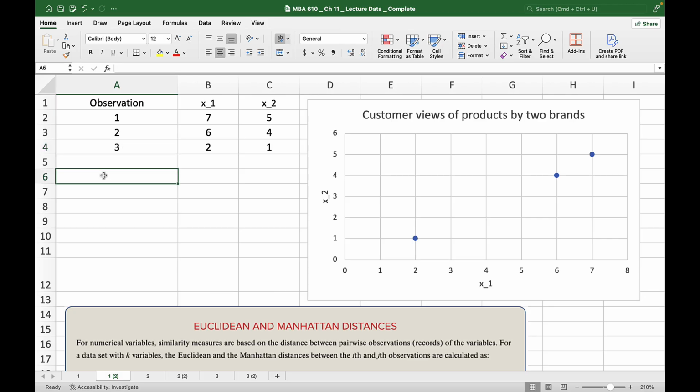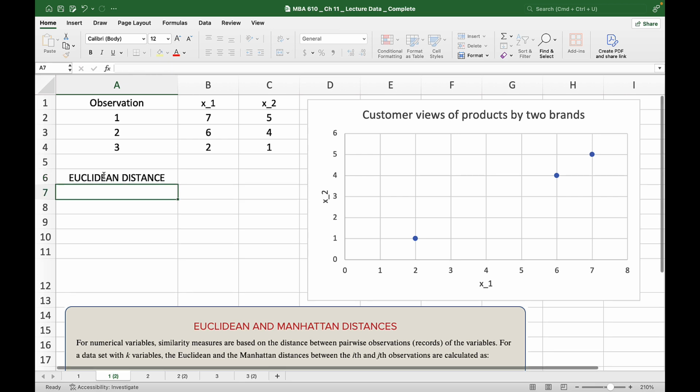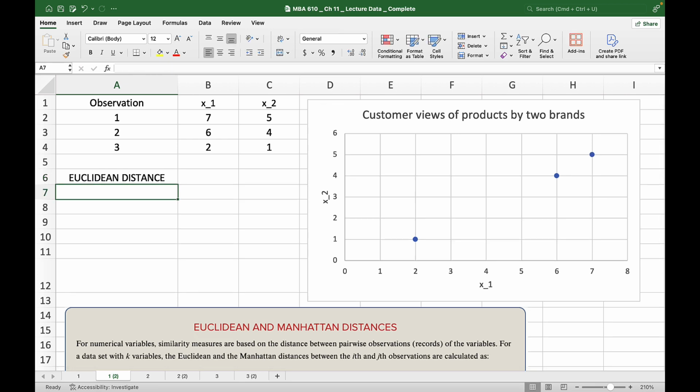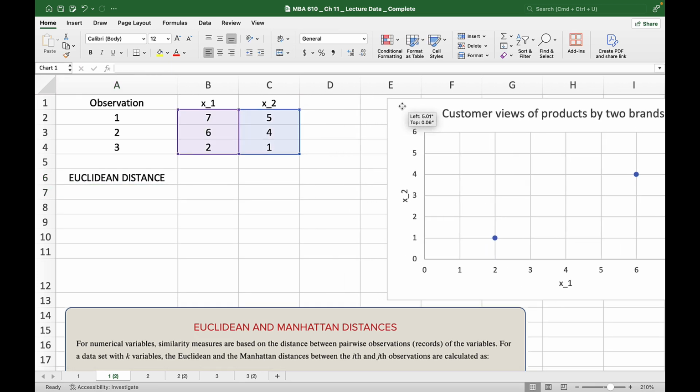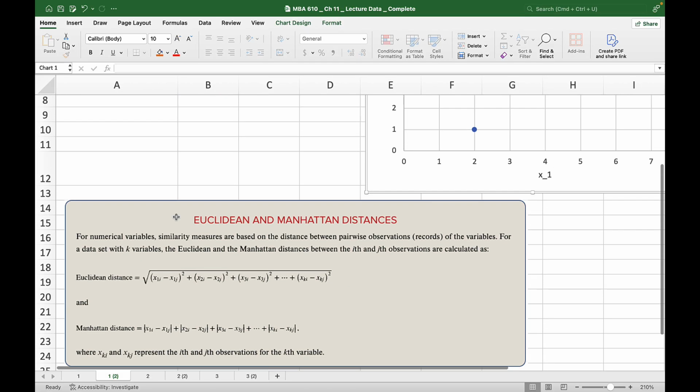So to start, let's take Euclidean distance. The way I like to set up a problem with regard to Euclidean distance, because I find this formula to be quite cumbersome, is to calculate each piece in the parentheses separately.